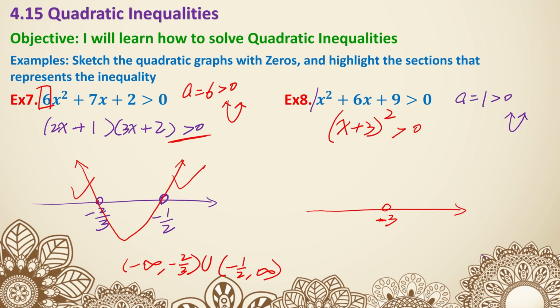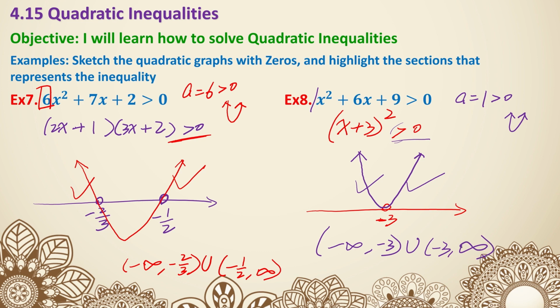So we need to go through this point but also open up, which means our graph is just going to touch the x-axis at negative 3 and come back up. Greater than 0, so the left side is greater than 0, and the right side is greater than 0. We just can't include the negative 3. So it's negative infinity to negative 3 union negative 3 to infinity, with parentheses on negative 3. So that's the faster way to do that question.